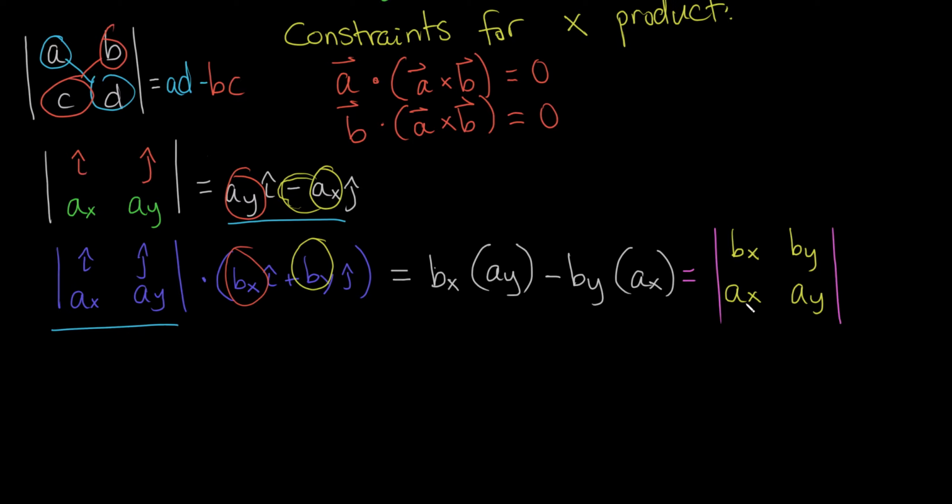And what is interesting about this determinant is that the a_x is in the same place. The a_x and the a_y, that vector is the same as the original vector before we dotted it. The only thing that's different between this determinant and the determinant we started with is that the basis vectors are now gone.